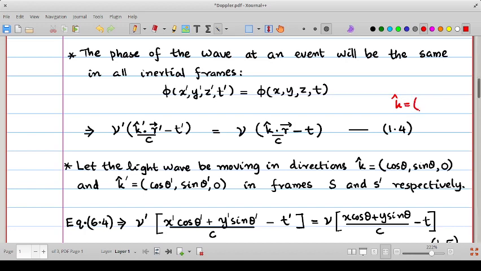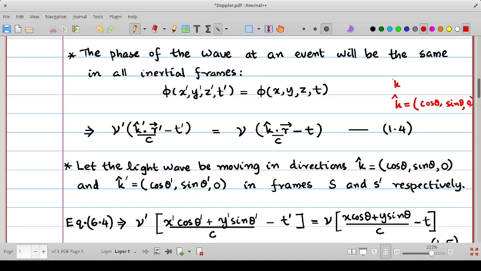It makes an angle theta with the x-axis, and therefore its component along the x-axis is its magnitude times cosine of theta. k is a unit vector, and therefore its magnitude is 1, so the x component is given by cos theta. Similarly, the y component is its magnitude times sine theta, which is sine theta. And since we have assumed that k lies completely in the xy plane, the z component is 0.